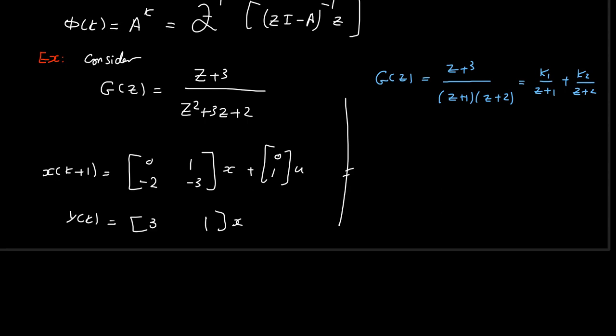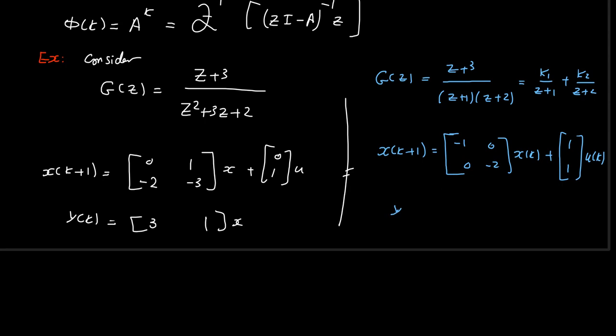Now if I need to write it, x of k plus 1 will equal a 2 by 2 matrix. Here I'm having the first root, which is minus 1, 0, 0, the second root, which is minus 2, multiplied by x of k plus the inputs. Here I'm having 1 and 1, and this is the u of k.